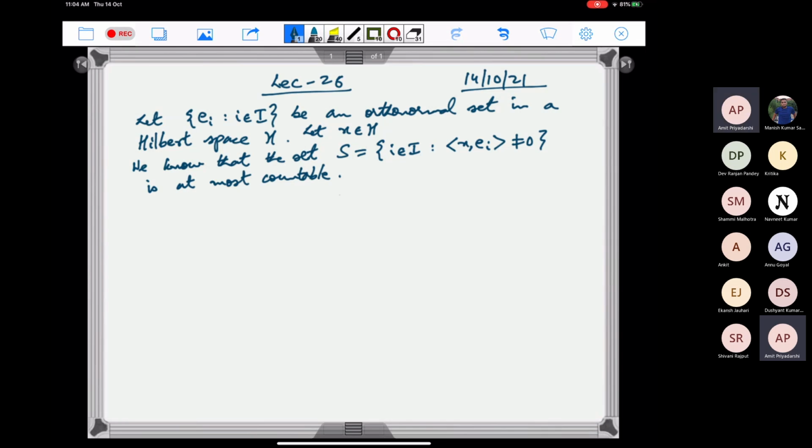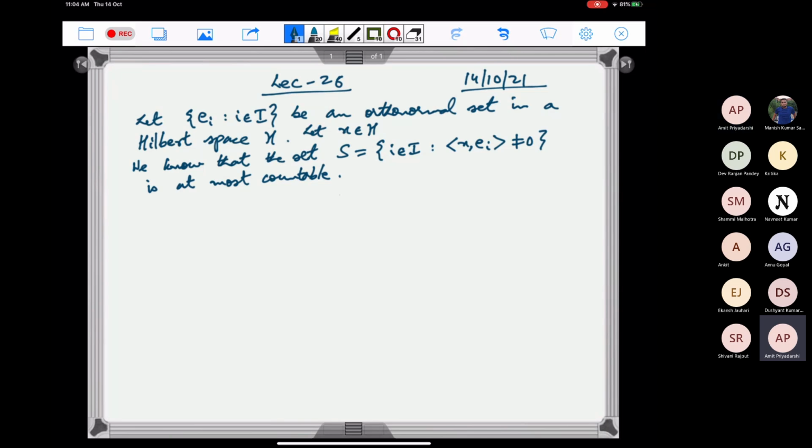So now we would like to give a meaning to the vector summation of (x, e_i) times e_i. To do that, notice that this index set is uncountable.